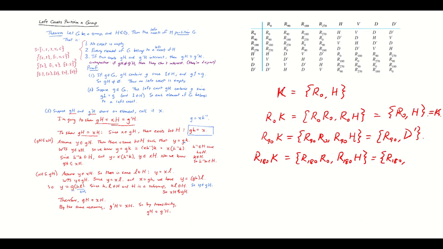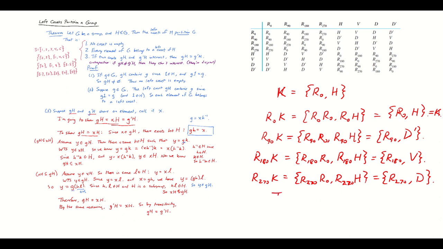And then R180 times H is V. And then finally, R270 times K, that's going to be R270 times R0. And then R270 times H is just plain D.